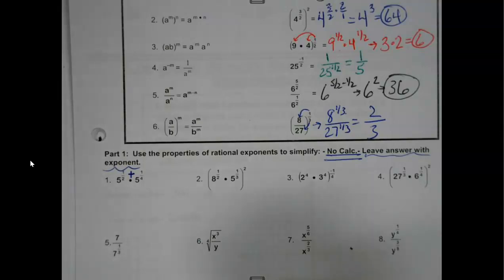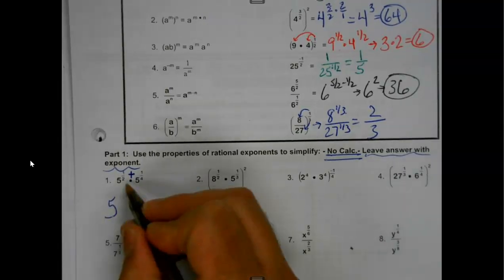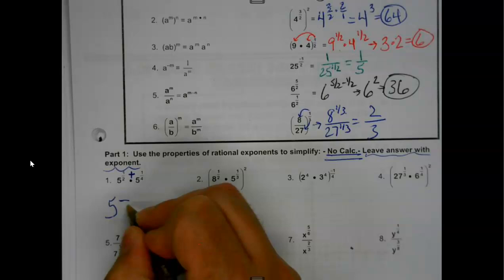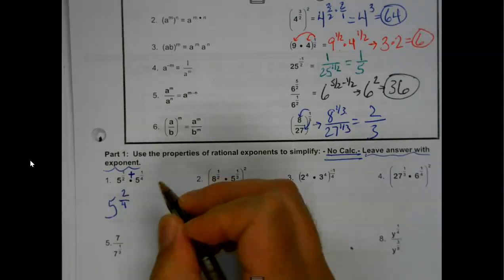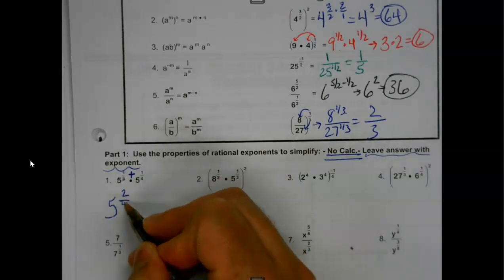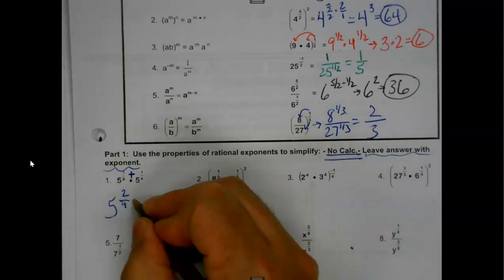If doing the common denominator in your head, which would be 4 in this case, so 2 times what gets me to 4? 2. We do the same thing to the numerator.